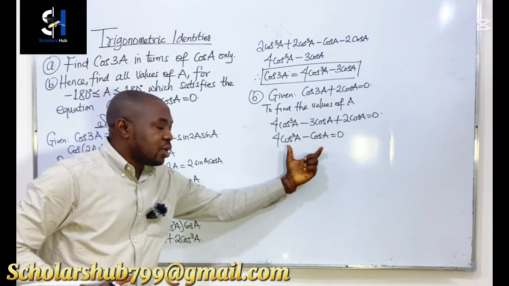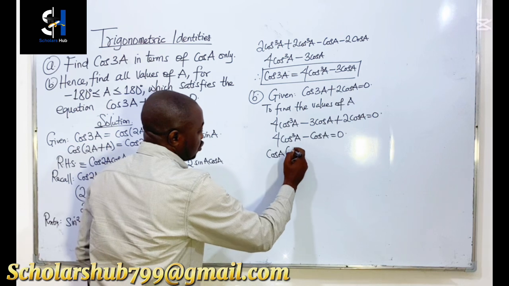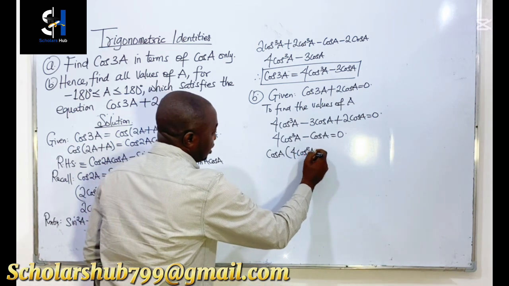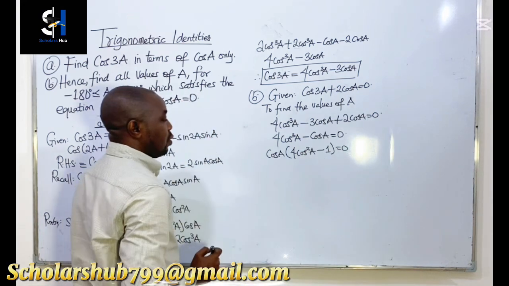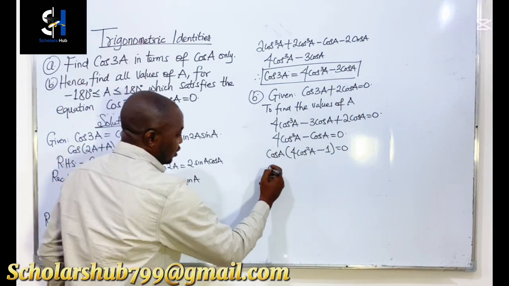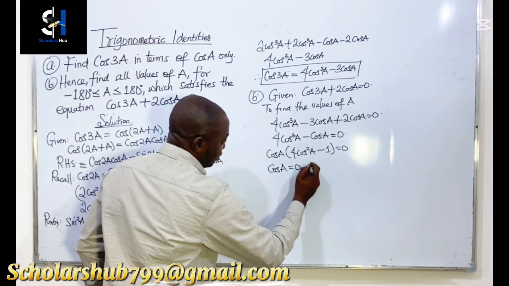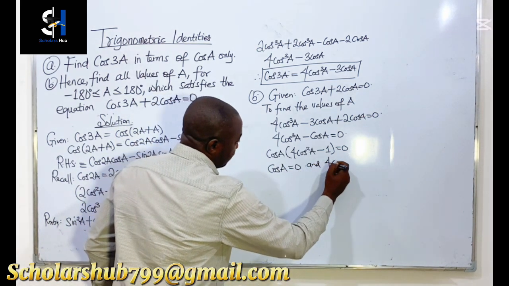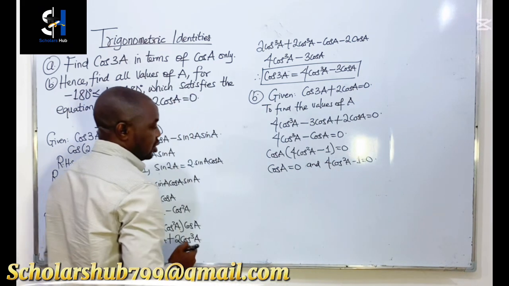Now let's factor out cosA from here. So this will be cosA times (4 cos²A negative 1) equals 0. So we're going to have two possible equations in this case. The first one will be cosA equals 0, and the second equation will be 4 cos²A minus 1 equals 0.